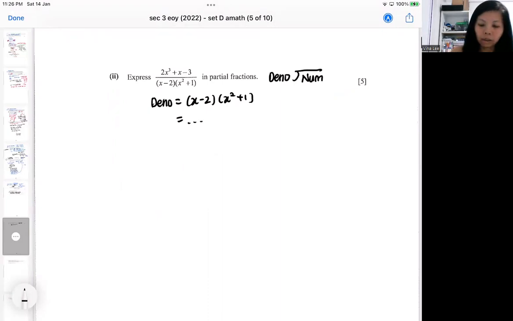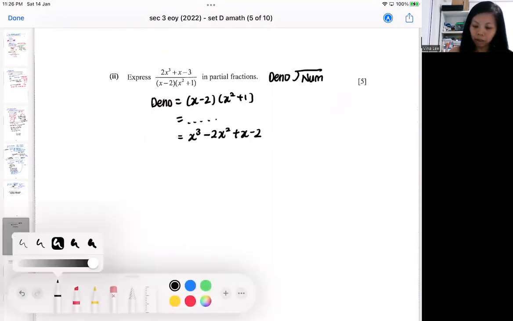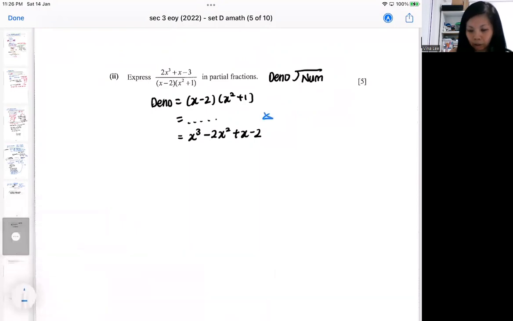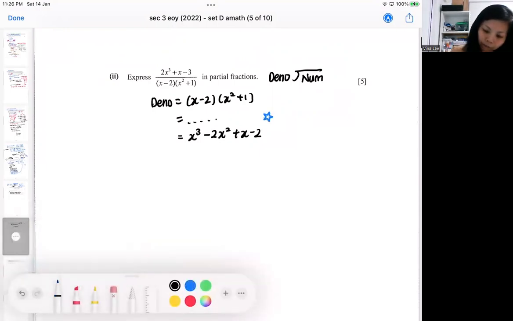So here is one possible situation where people will make a careless mistake. Let's put a star. Then let's do the long division.